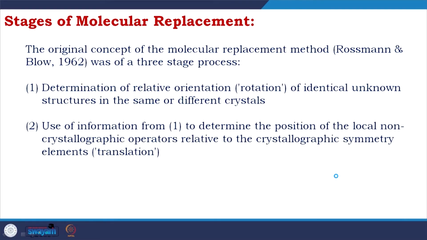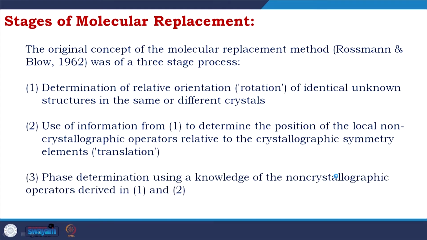Second, use of information from the first to determine the position of the local non-crystallographic operators relative to the crystallographic symmetry element. So, the first one is what? Rotation, the second one is translation. Third, the phase determination using knowledge of the non-crystallographic operators derived in 1 and 2. So, you do the rotation, you do the translation, and you utilize them to get the phase.